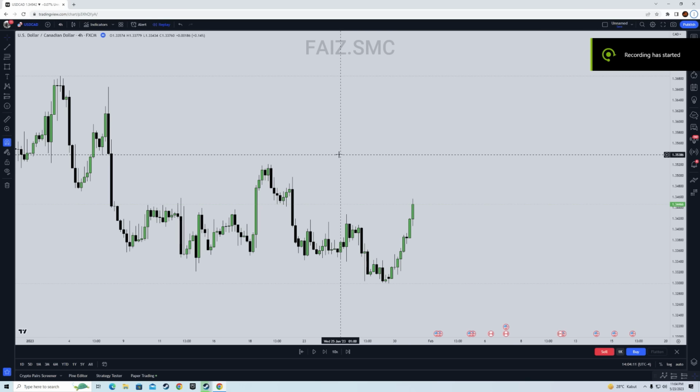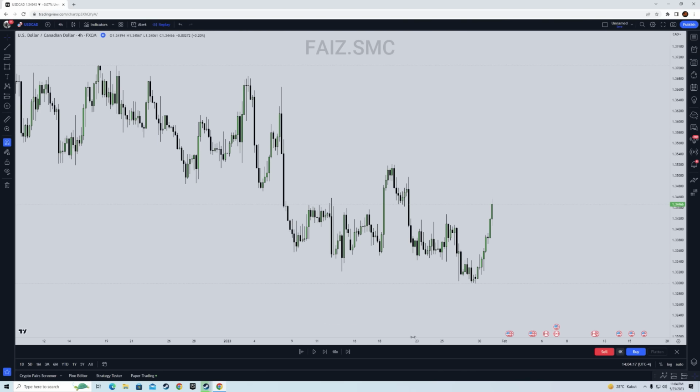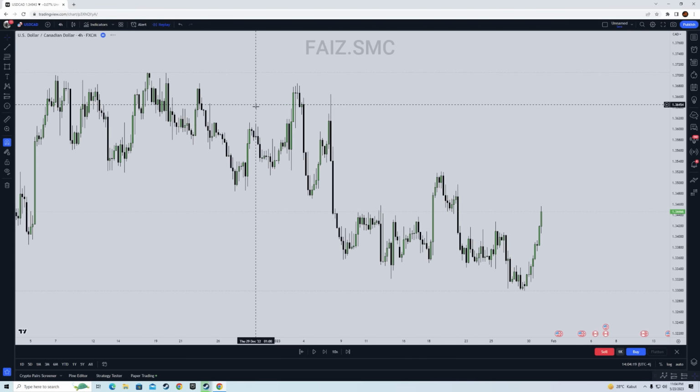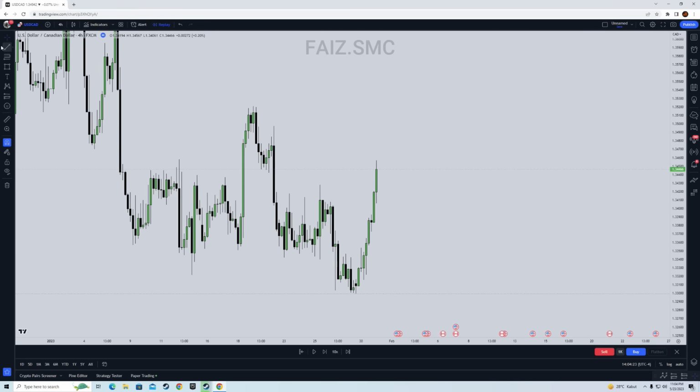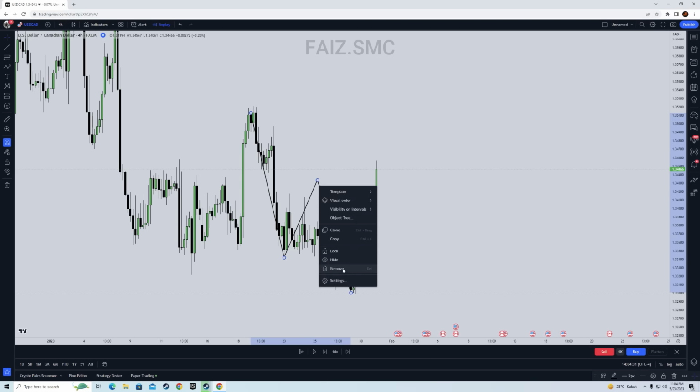All right, guys. So here is example number 1. I'm looking at USD/CAD on the 4-hour time frame. The order flow is clearly bearish at the moment, and what we did have was the A, B, C, and D right here. So let me do this.